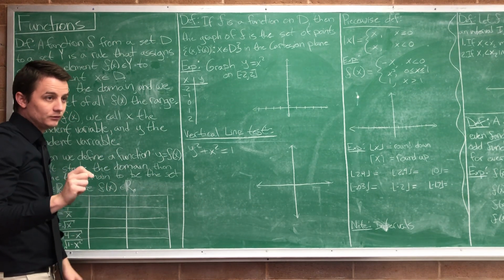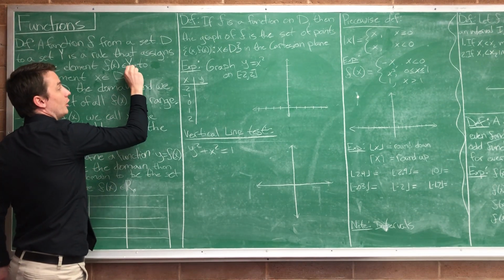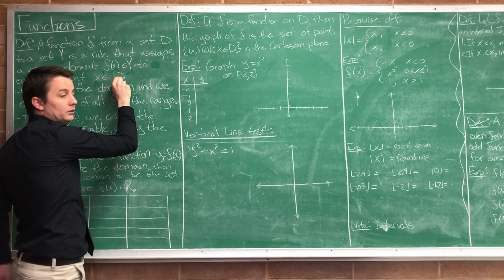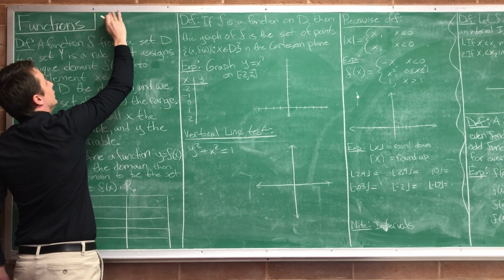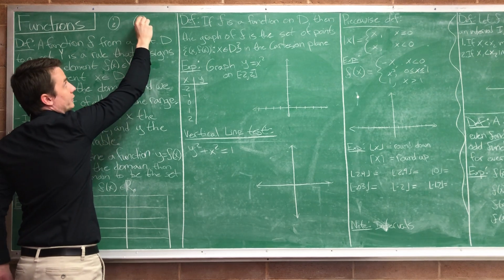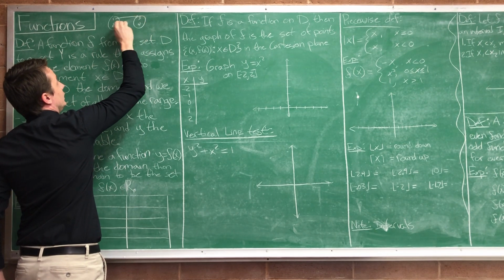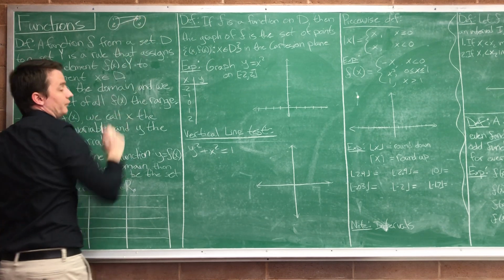Does that make sense? You don't have to, your function doesn't have to use all of Y. It has to use all of D. So if I have a function, here's my set D, and we have 1 and 2 in it, and here's my set Y, and we have 3 and 4, and my function assigns 1 to 3 and 2 to 3, it's a function.